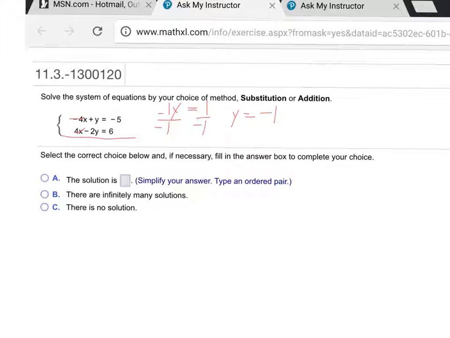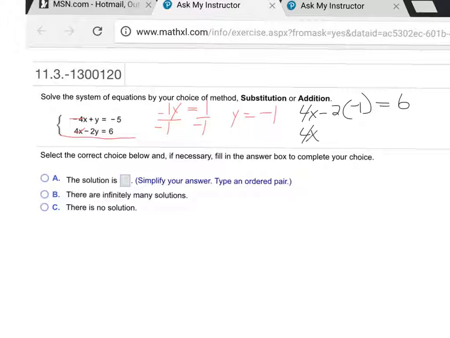So we go ahead and put that back in then. So if we put that back into whichever equation we want, so if I put it into the second equation there, I'll have 4x minus 2 times -1 equals 6.